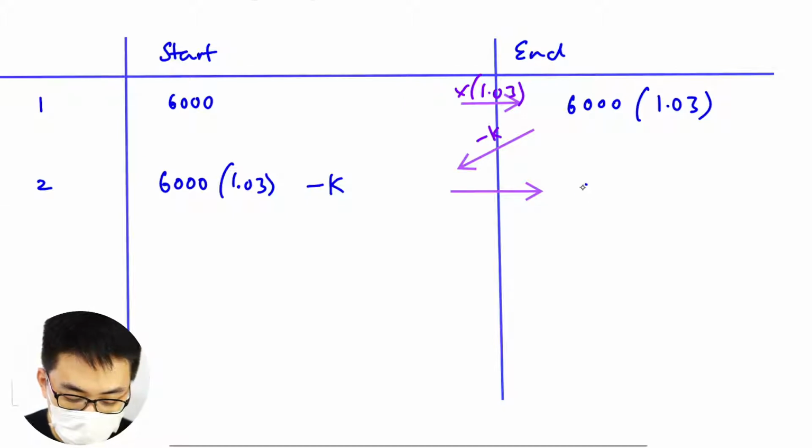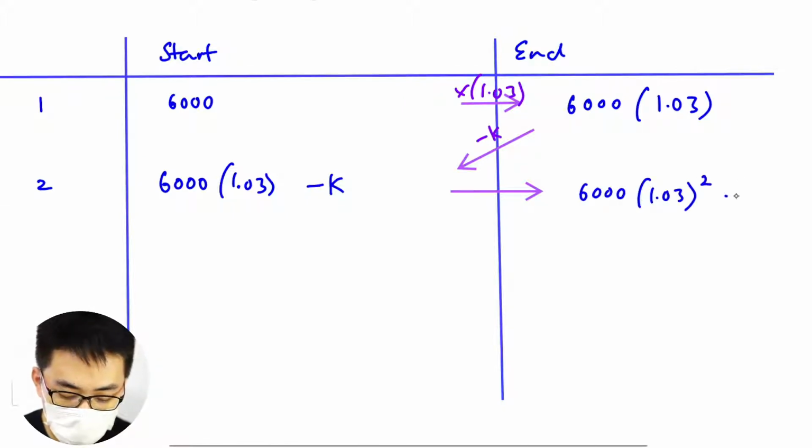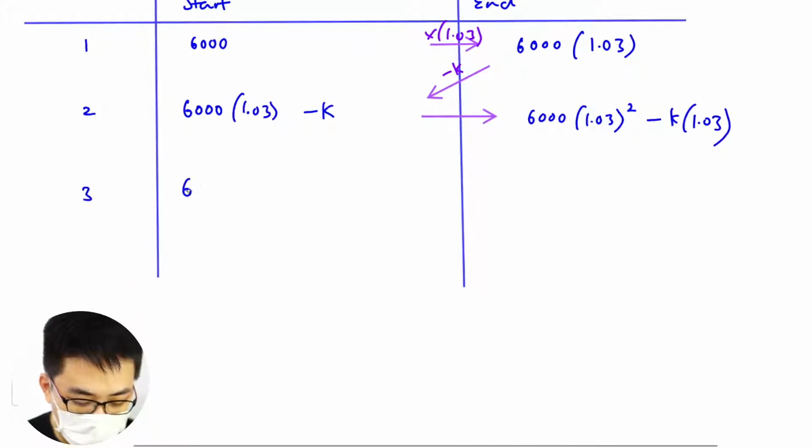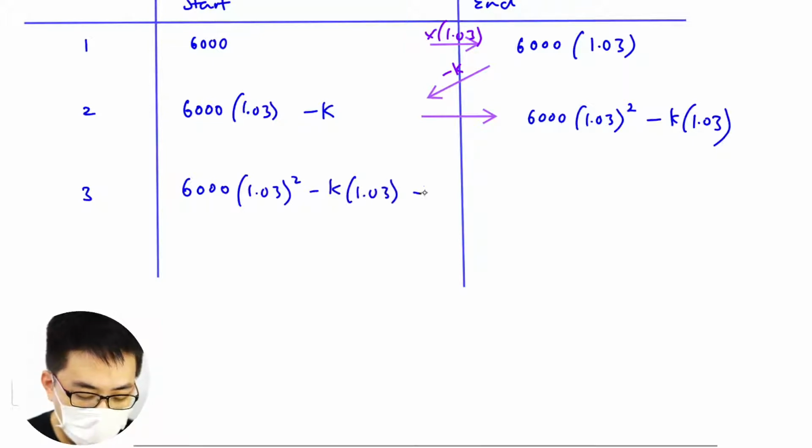So when you multiply, this will be 6,000 times 1.03 square minus K times 1.03. Then similarly for the third one, 6,000 times 1.03 square minus K times 1.03 minus K.